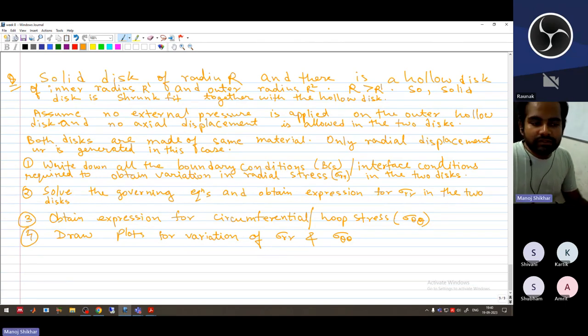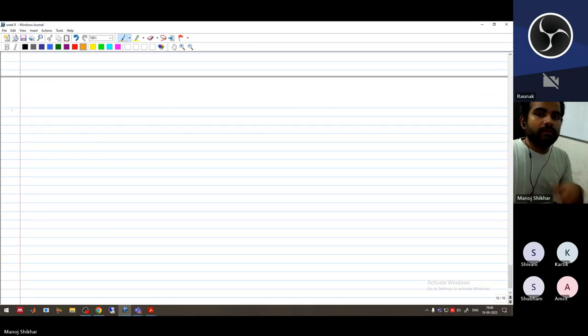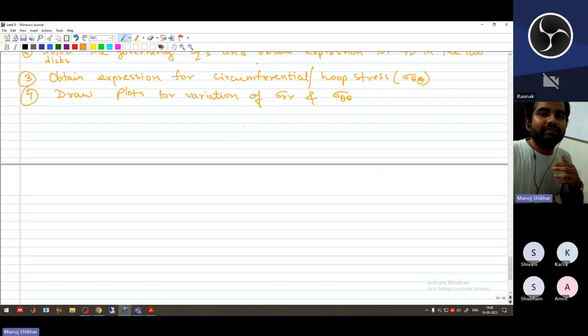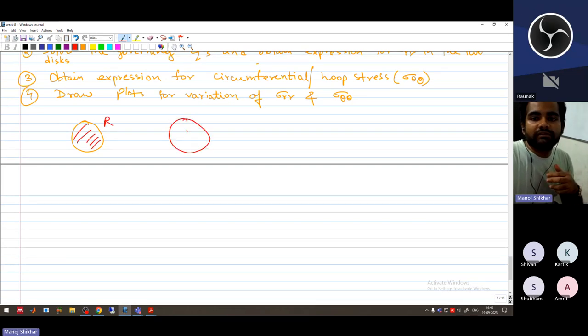Now, first thing first. So you have been given two disks. So this is a solid disk with radius R, and this is a hollow disk with radius R1, and this is R2.